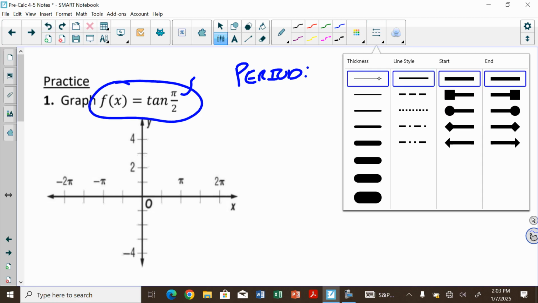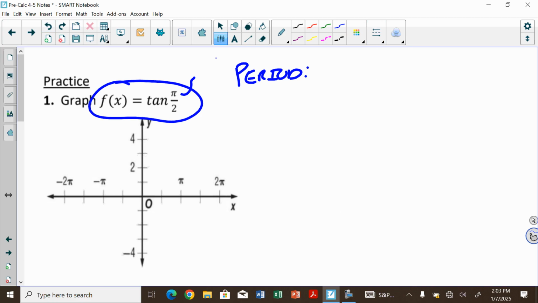It was 1, but here we have something. So remember, our period is pi, but because we're going to divide that by our b value of 1/2, we're going to have pi times 2, or 2 pi. So our period here of this one is actually going to be 2 pi instead of pi.